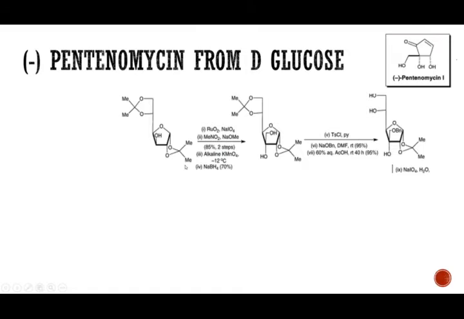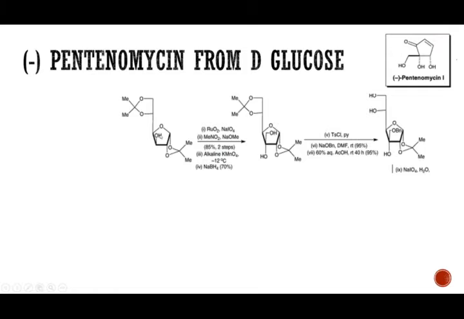Now the reaction starts. On each arrow we have 3 to 4 reactions, so for your better understanding, I have separated out each and every reaction. The first reaction is ruthenium oxide and sodium periodate oxidation. As you can see here, no other functional group than OH is available for oxidation.